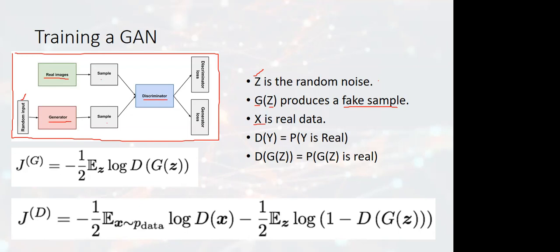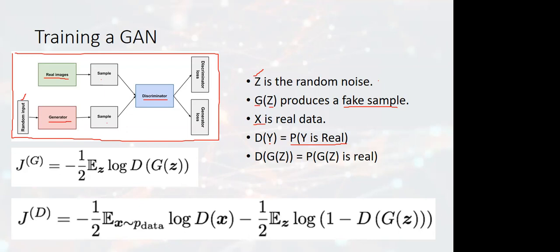The discriminator takes in a sample. This sample could belong to either the real data or the fake data generated by the generator. Let's call either of them y. So D of y is the probability with which the discriminator thinks that y is real. Since we know the function of a discriminator, we know what it should do.